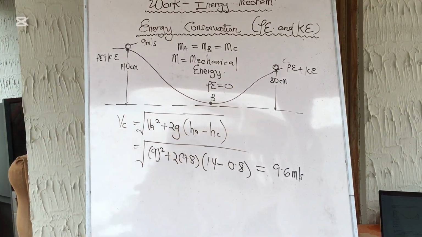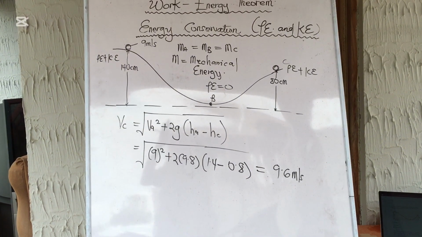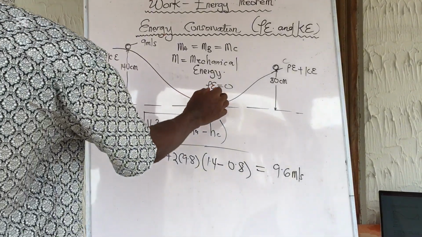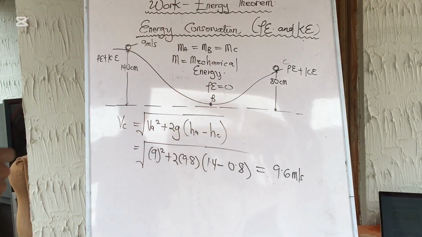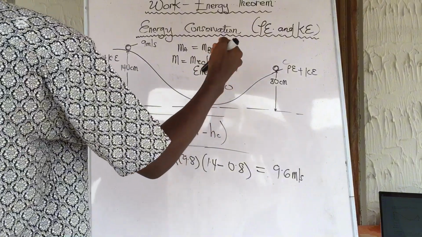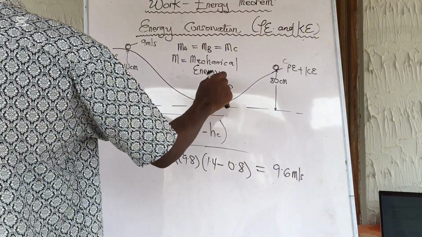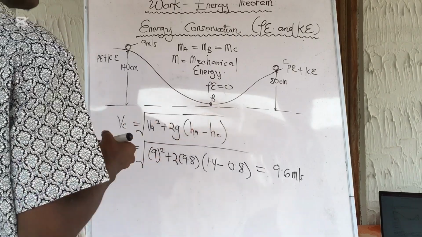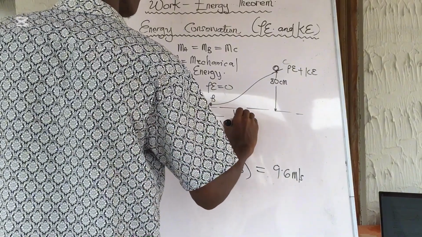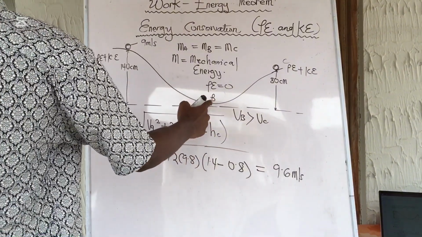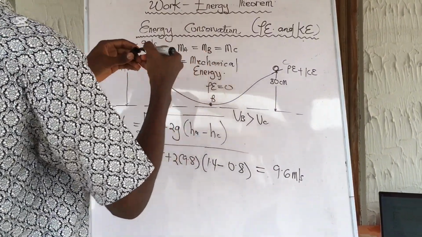That's all. That's how we solve questions like this. So no matter how the question has been given to you, or no matter how it has been framed, use this shortcut. If the height at point B is 0, the velocity at point B, VB, is greater than VC, because at this point all you are having is your mechanical energy.